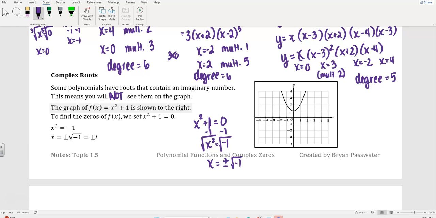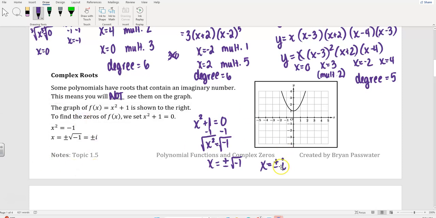So this is going to be x equals plus or minus i. Since they call that i, that allows them to deal with these types of numbers and analyze the situation further, for all the quantum theory and whatever else that they're going to do with it that we don't get to in this class.